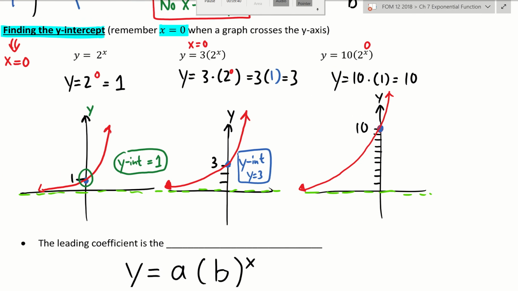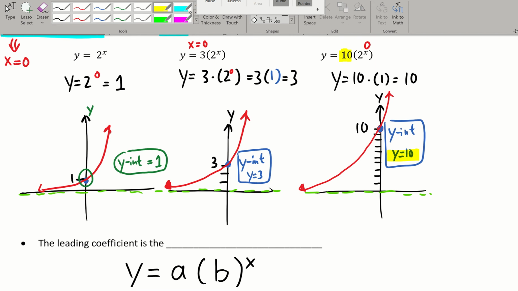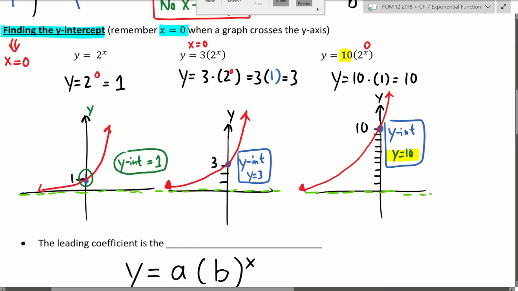So if you go back, I hope you can see a pattern. The y-intercept for this last one is y equal to 10. Now this number, y equal to 10, is also the number in front of the base. It's the coefficient in front of the base. Look at that. Now see that y equal to 3 on the second question?